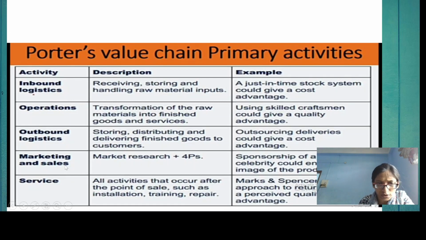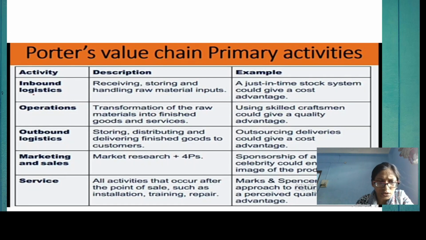Marketing and sales, we need to promote our product. We need to create the brand image of that product.